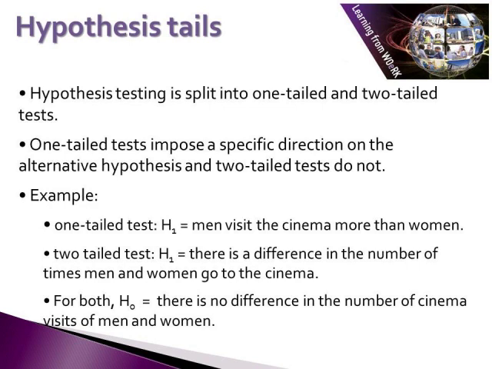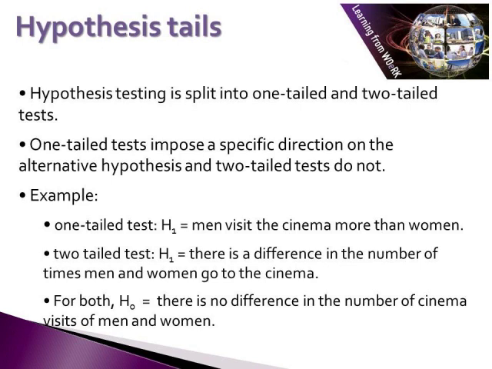Before exploring the types of hypothesis tests, it's useful at this stage to talk about what we mean by one-tailed and two-tailed hypothesis testing. Hypothesis testing is divided into one-tailed and two-tailed tests. The difference between them is that one-tailed tests impose a specific direction on the alternative hypothesis and two-tailed do not. For example, in a one-tailed test, our alternative hypothesis, H1, is that men visit the cinema more than women.